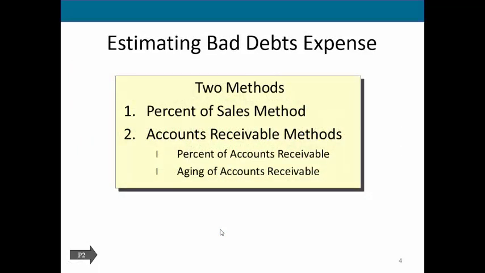Now, as I mentioned, there are two basic methods that we can use to carry out the allowance method of accounting for bad debts. We've got the percent of sales method, and then we have our accounts receivable methods, the percent of accounts receivable or the aging of accounts receivable. We're going to start with the percent of sales method because this is the most simplistic method.